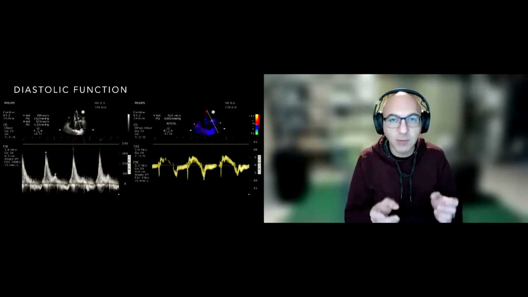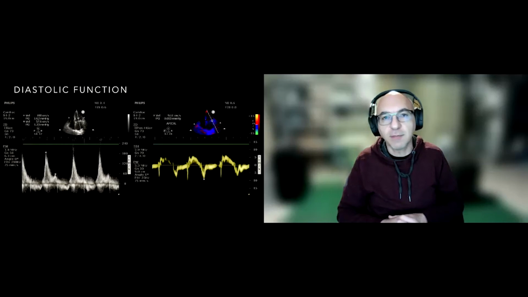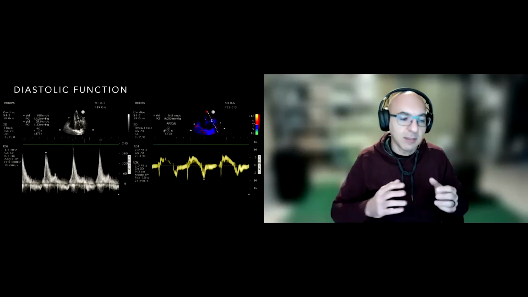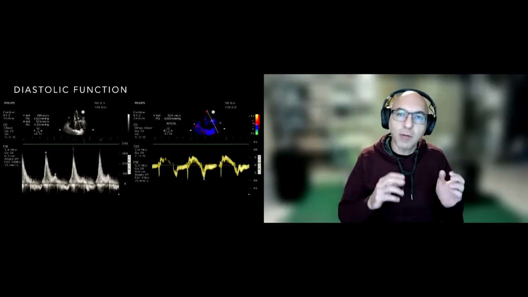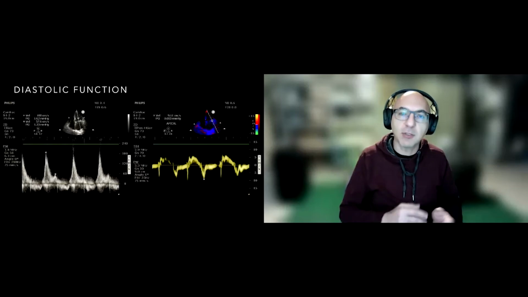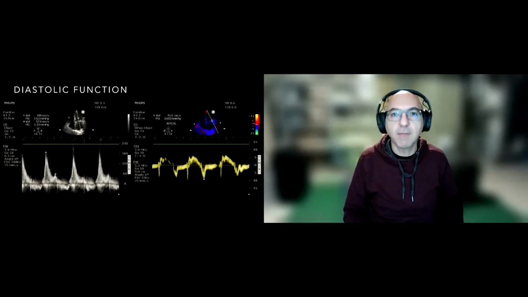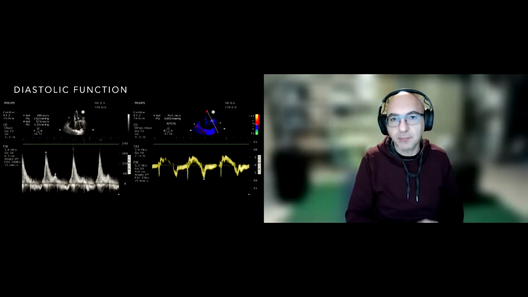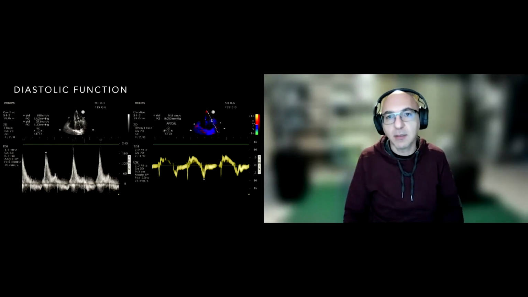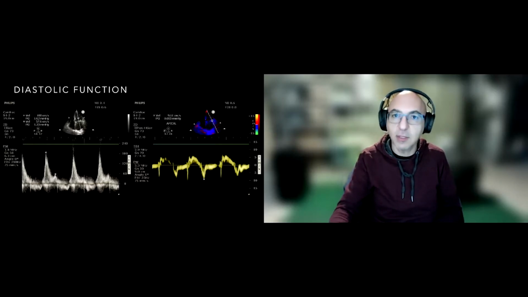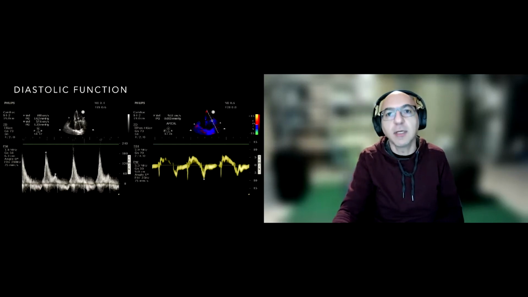The distinction between the two is also iffy, but think of it this way: a septic patient or a pneumonia patient who has leaky vasculature will have low pressure pulmonary edema, and someone who has cardiac dysfunction is going to present with LV failure, either systolic and diastolic, or just diastolic.